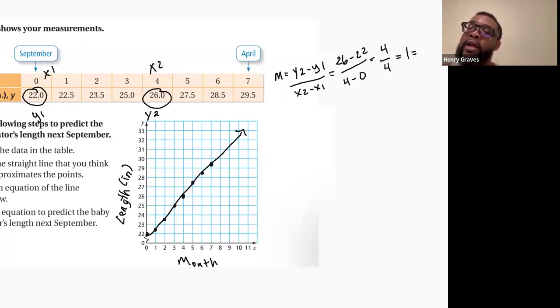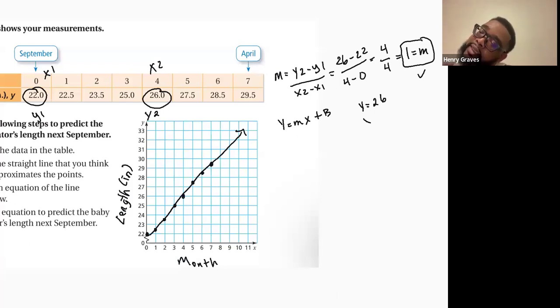Now to find my y-intercept, I'm going to use y equals mx plus b. So y is going to be 26, x is going to be 4, m is 1.